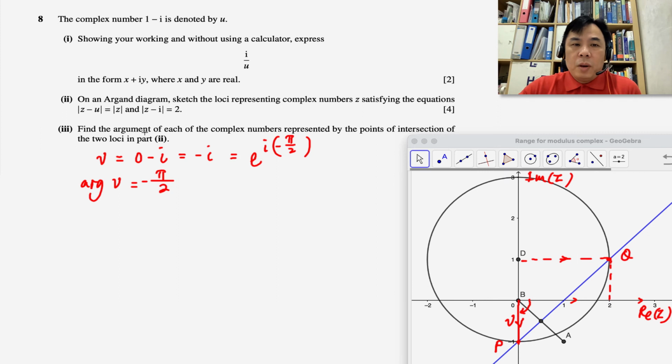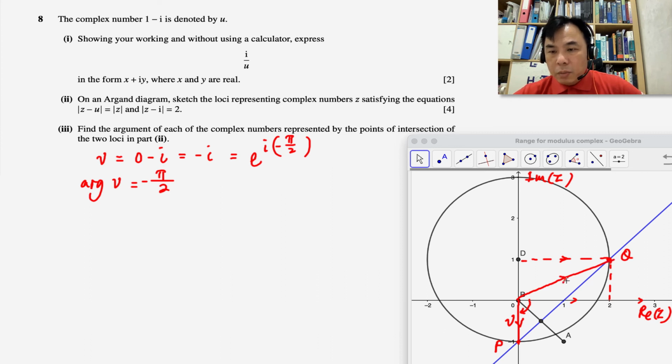We have already found the argument for one of the complex numbers represented by the point or intersection P here. Now next we're going to find it for Q, which should not be any problem since Q passes through this parallel line, and then we need to find out its argument, which is here.